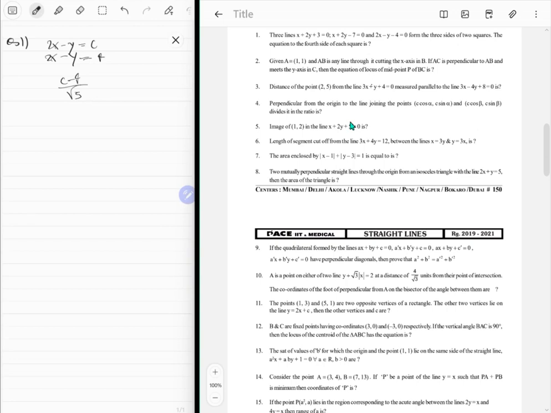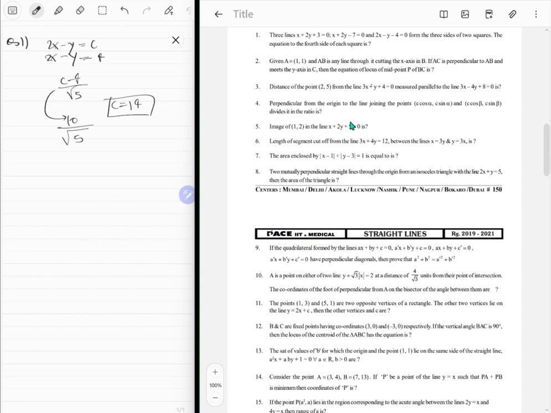What's the distance between the two lines which were already given parallel to us? That would be 10 upon square root of 5, right? So c minus 4 should be equal to 10. So c should be equal to 14, I think. Yeah.